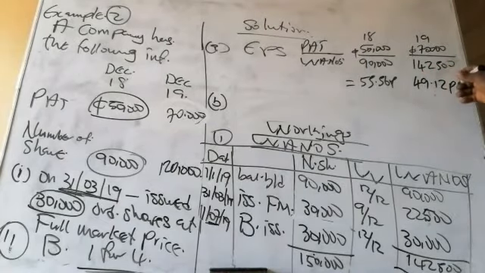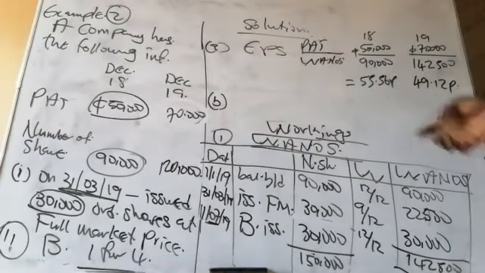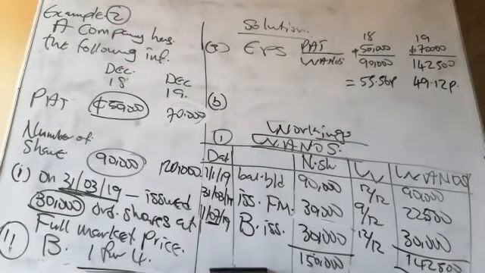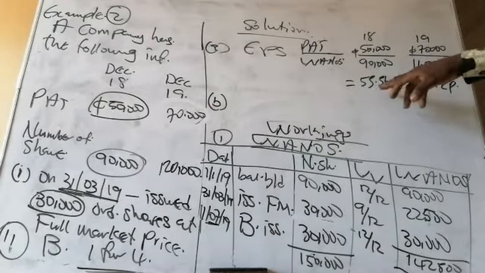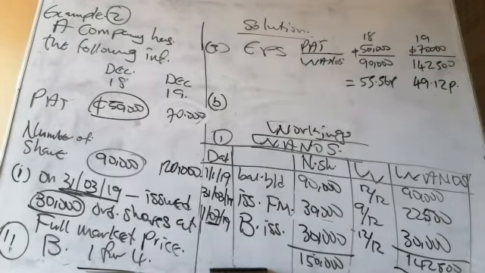Okay. So based on this, you would tell the company that they performed badly. Why? Because the earnings per share has dropped from 55 pesos to 49 pesos. So from 55 to 49 pesos.